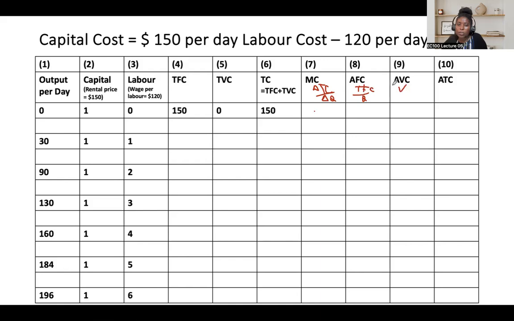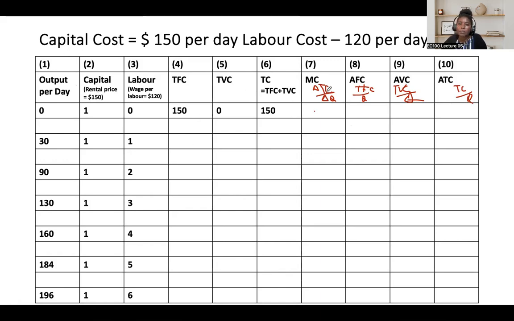Average variable cost is also the variable cost per unit. So you take total variable cost, from here, and divide by your output. Average total cost is the total cost per unit, so you take total cost over output.